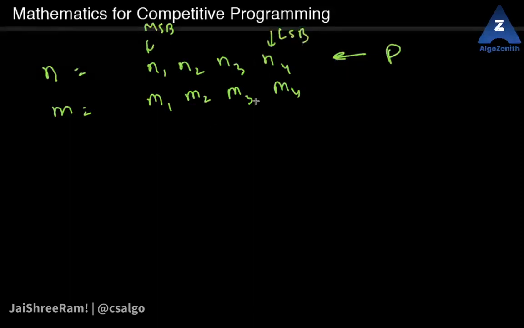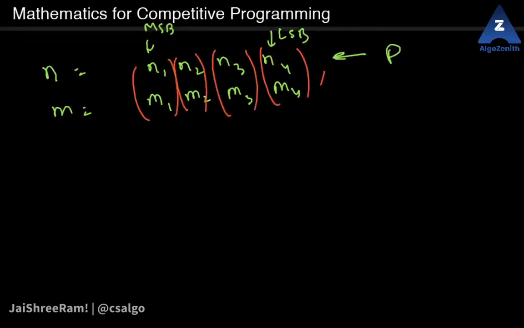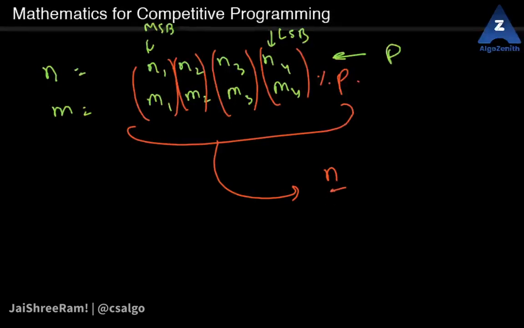Okay, so let's suppose this is the case. In case m is smaller, we can always prepend it with zeros, right? And then just take corresponding chooses and multiply them and take a mod p. This would be your final value of n choose m mod p.